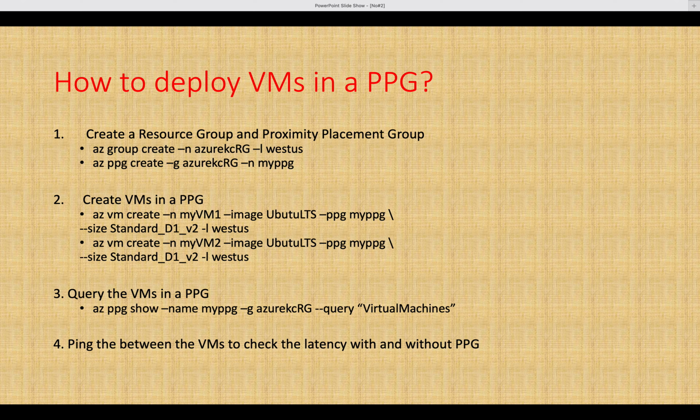This demo, I'm just showing it to you from the Azure CLI. And once the VMs are deployed, you can query the virtual machines and see if they are indeed placed in the same proximity placement group. And finally, we can do a ping test, just to check the latency with or without the proximity placement group.